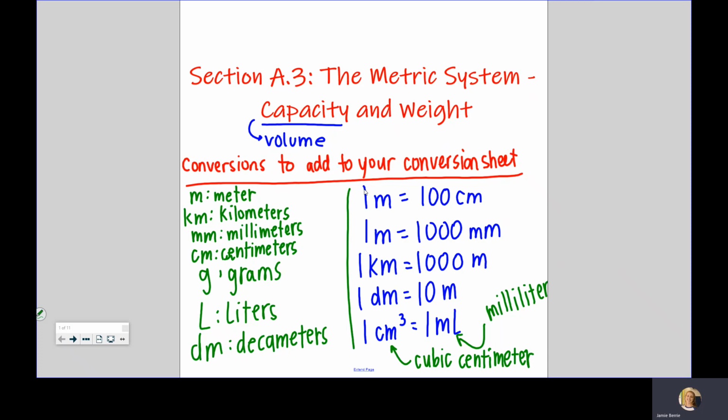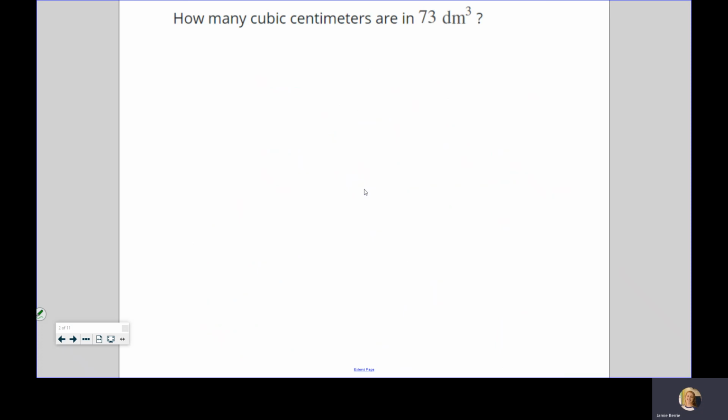All right, let's look at our first example. This is that one that's really hard. This is number 1. How many cubic centimeters are in 73 decameters cubed? Or you could call it cubic decameters.